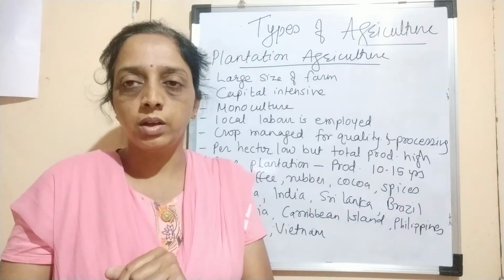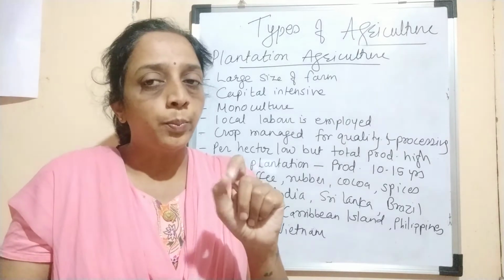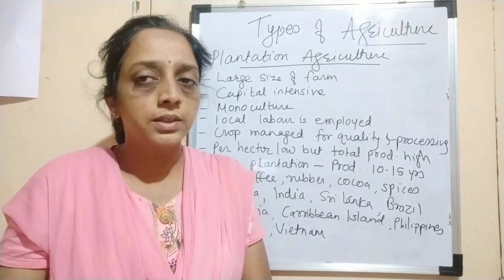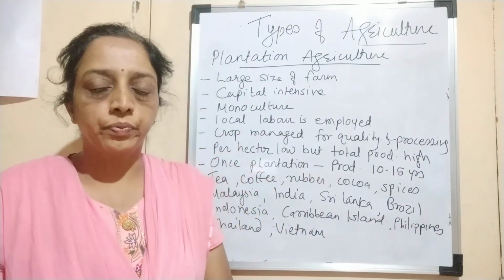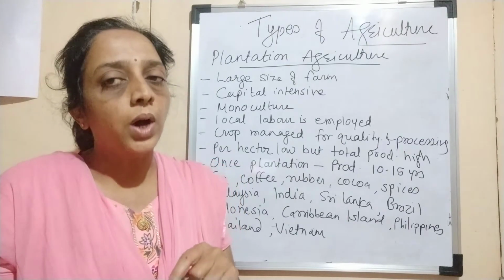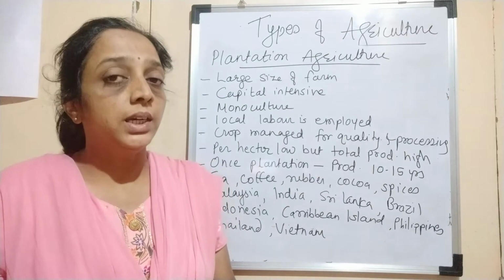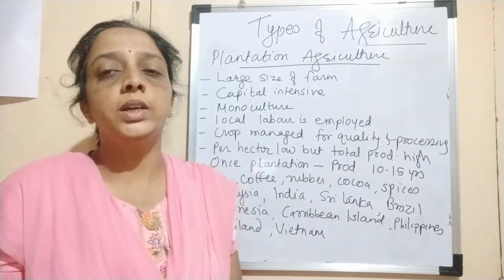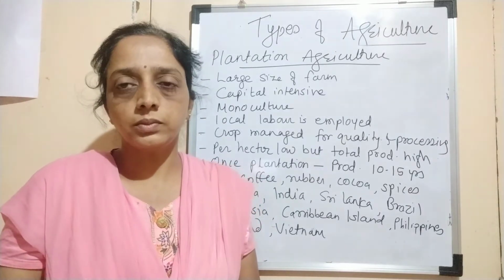In the tea plantation, the plucking of tea leaves is a really skilled task, and so the laborers required for this agriculture are skilled, and that is why they charge a high cost.